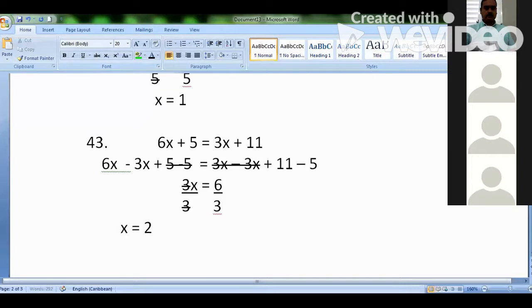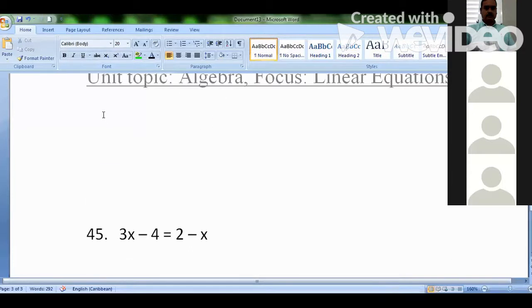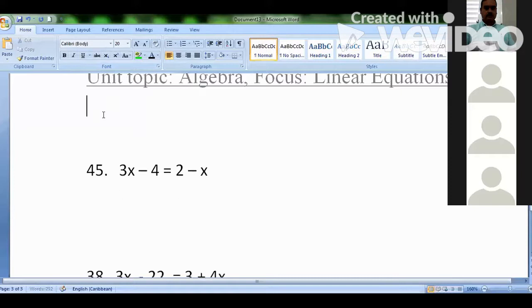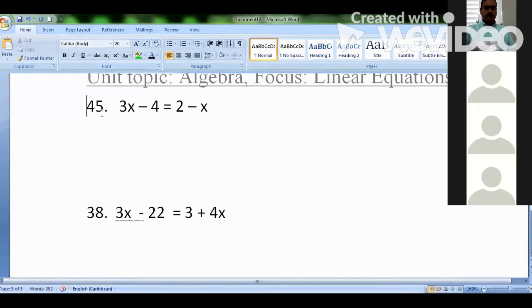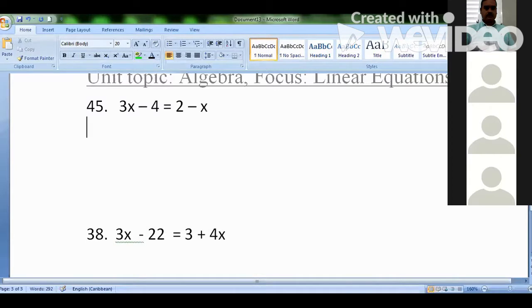So x is equal to 2. Any questions about this? All right. Let's look at the other one. All right, who wants to take a shot at this?